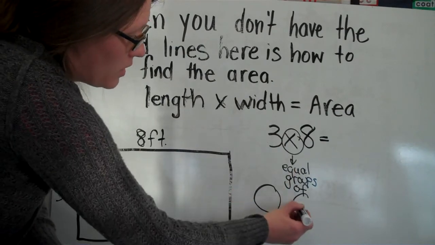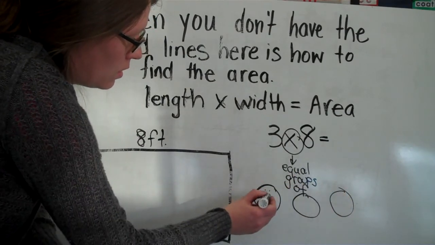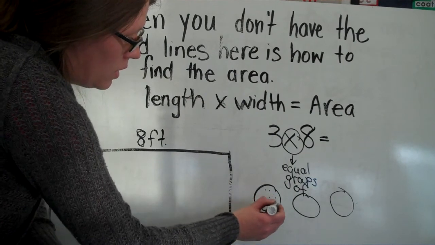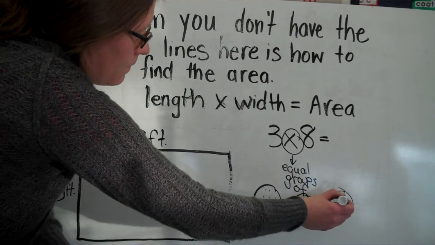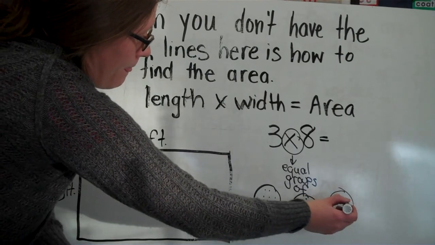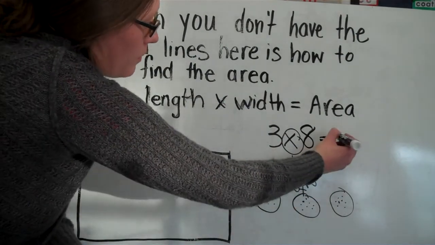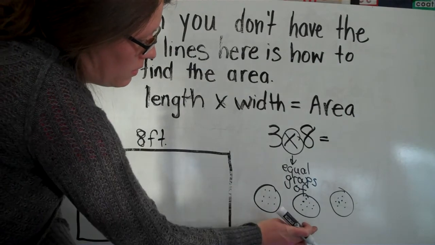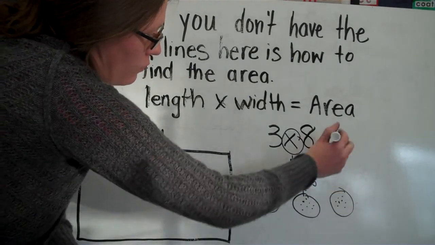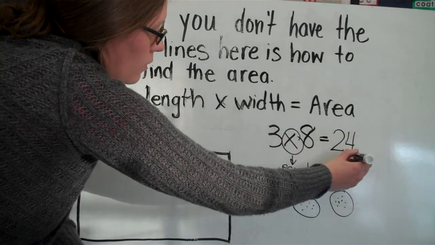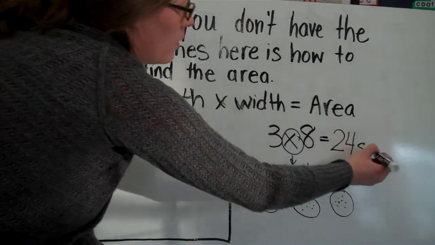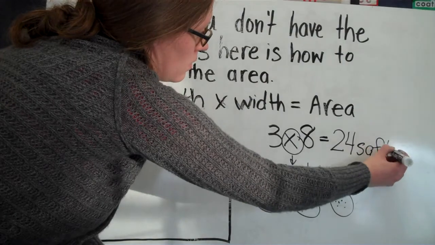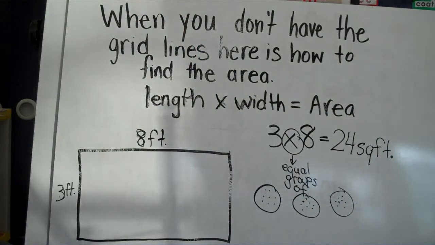So I can draw my picture if I need to. And when I count it up, I'm getting 8, 16, 24. With my units, I'm going to say square feet. Okay? So 24 square feet.